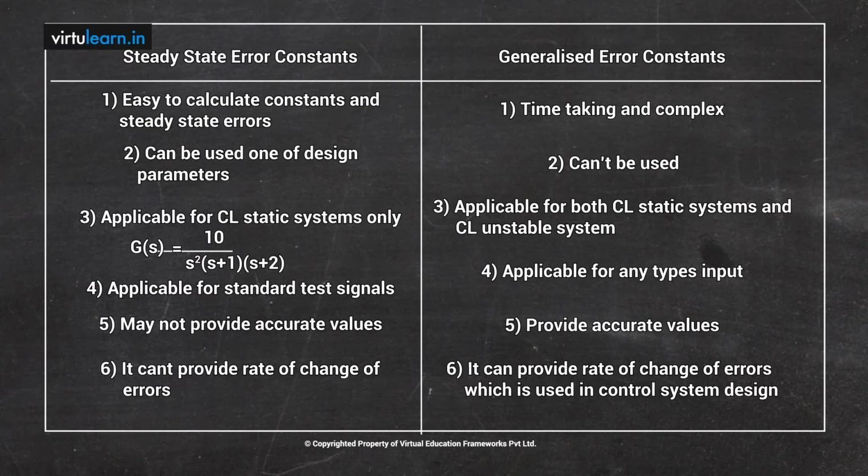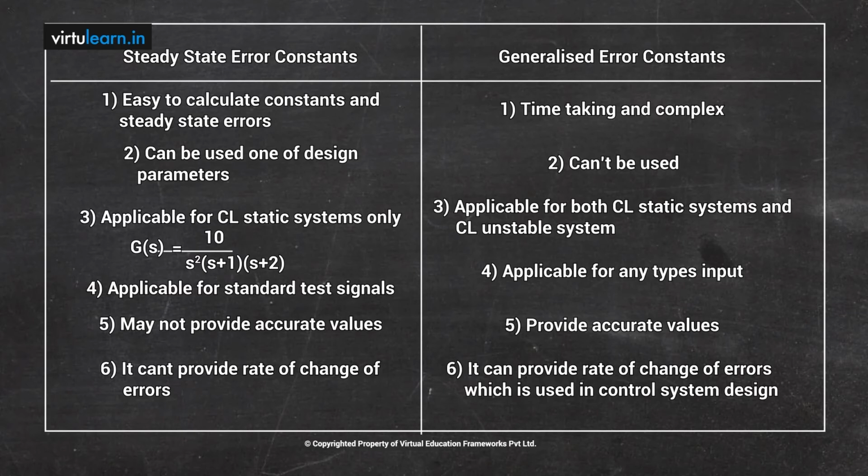But for any random signal, you cannot use the Kp, Kv, Ka method or steady state error constant method. But in this case, we take the Taylor series expansion of R of t. Therefore, for any random signal we can find the steady state error.